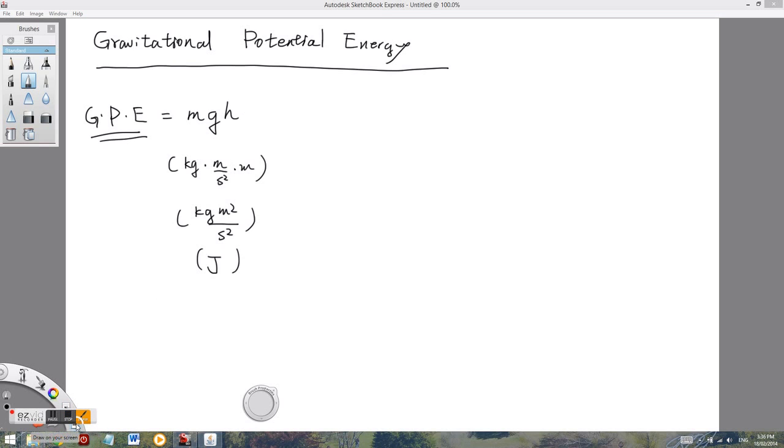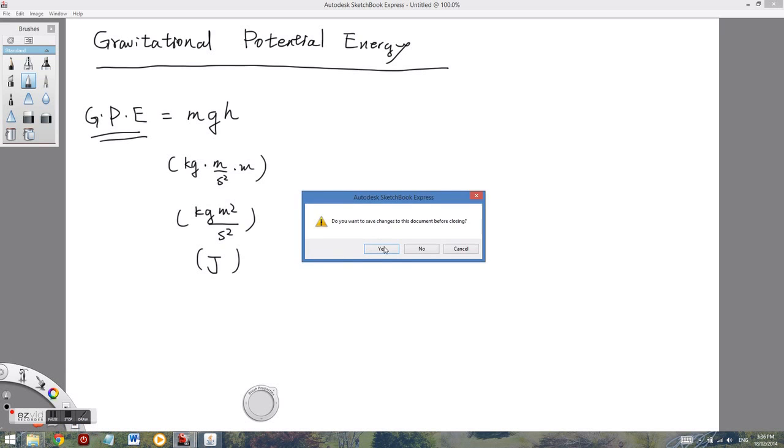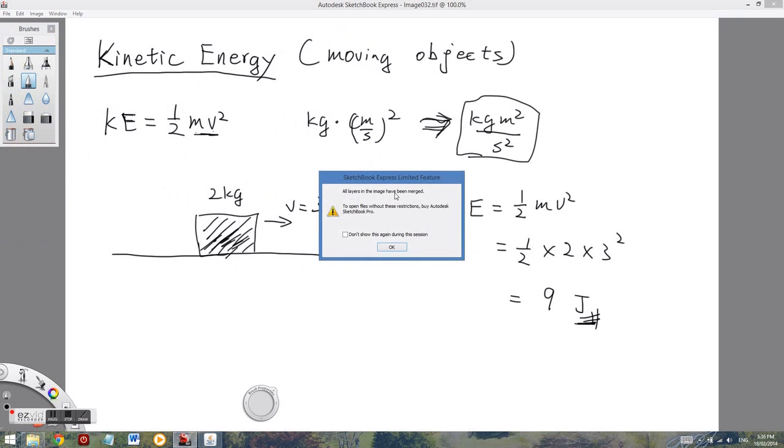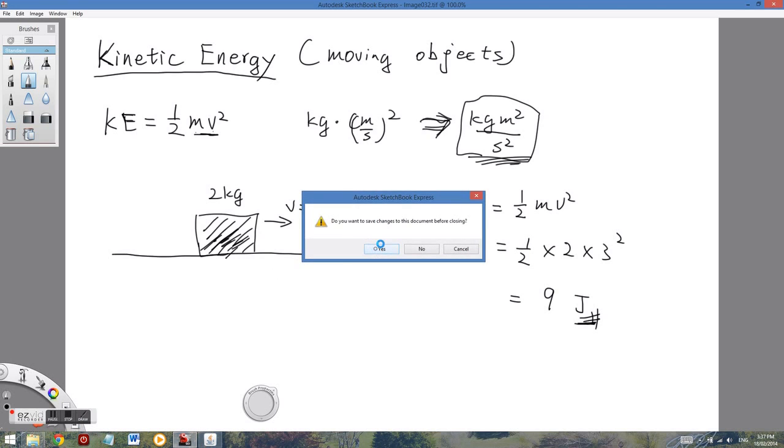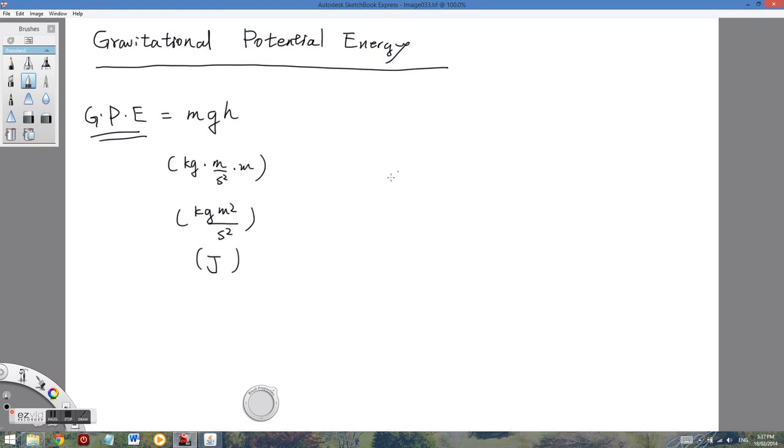If you look at the previous page, they are the same. I gave you an example again, as the example we did before.